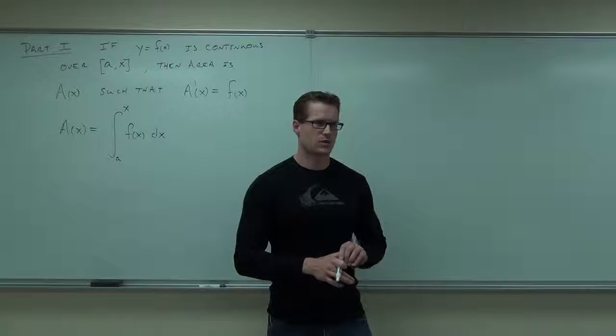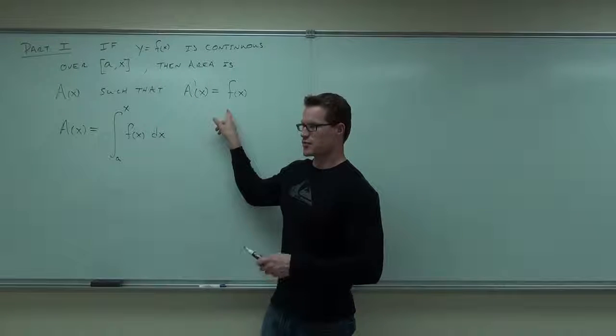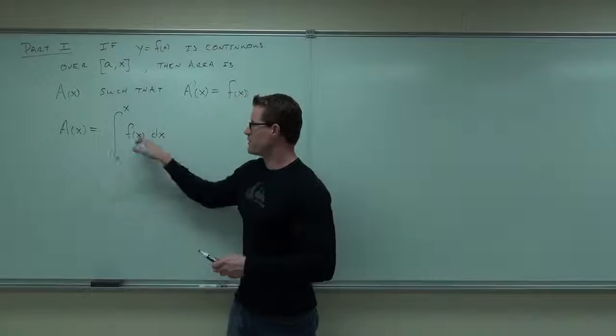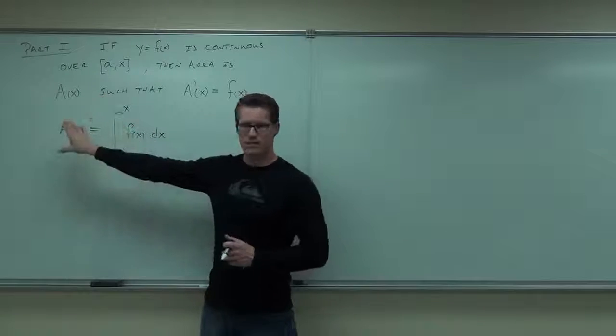You okay with that as well? It says that the first derivative of the area is going to give me my function back. Therefore, the antiderivative of my function between my two bounds, whatever they happen to be, should give me my actual area.